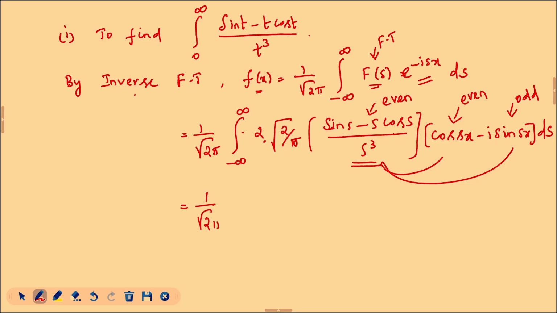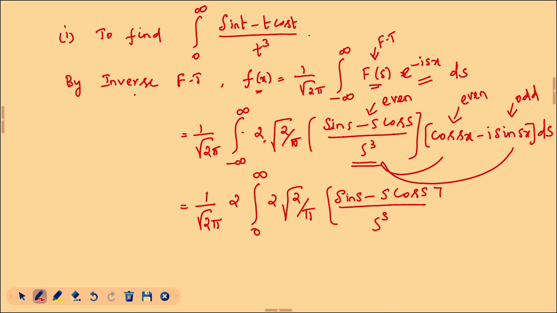So the integral is square root of 2 by pi, 2 times integral 0 to infinity, so 2 into square root of 2 by pi, (sin s minus s cos s) by s cube into ds. The other integral value is 0 because of the odd function.